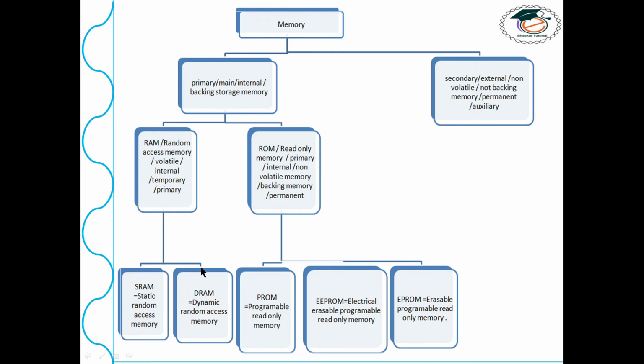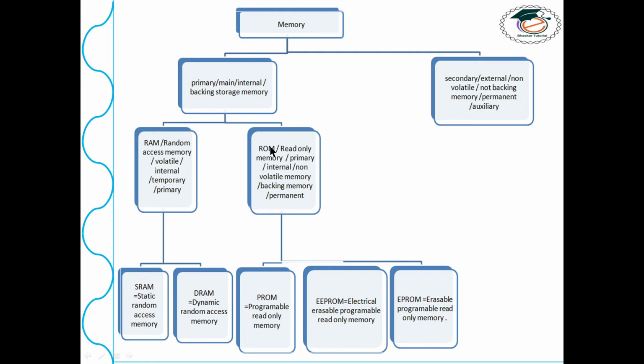I know that you did not know these two parts of RAM. Students only know primary memory, secondary memory, RAM and ROM. Very few students know the parts of RAM and ROM. Now let's see ROM, read only memory.